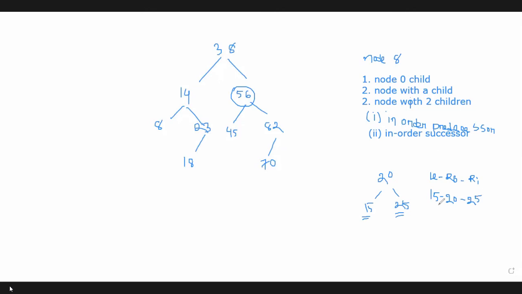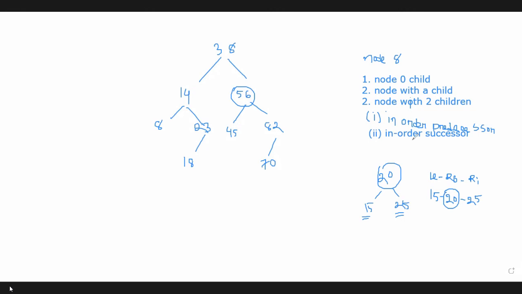Okay, so now here 20 is the parent node, isn't it? 20 has two children, but in this in order sequence 20 is placed in the middle of these two children. 20 is placed between 15 and 25. So 15 is a node which is taken before 20, and 25 is placed after 20.